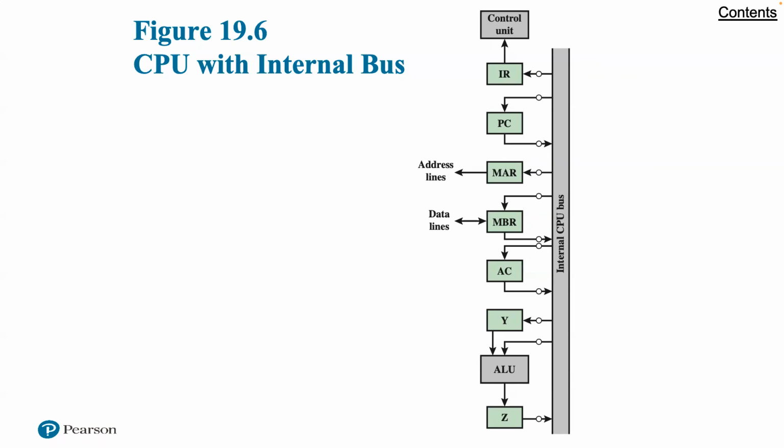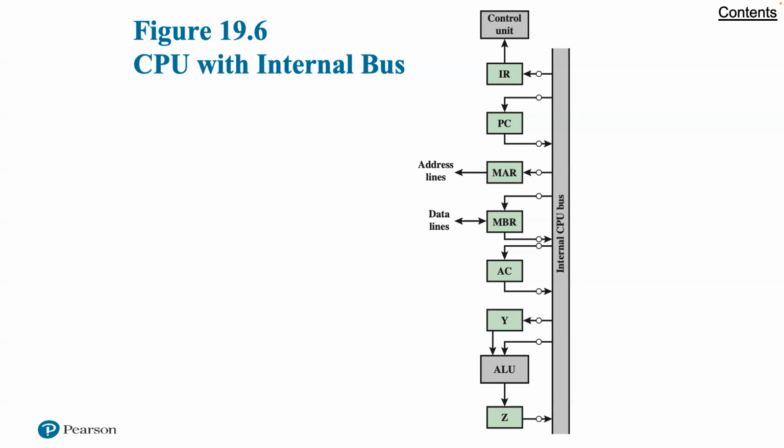A single internal bus connects the ALU and all processor registers. Gates and control signals are provided for movement of data onto and off the bus from each register. Additional control signals control data transfer to and from the system, that is the external bus, and the operations of the ALU. Two new registers labeled Y and Z have been added to the organization. These are needed for the proper operation of the ALU.